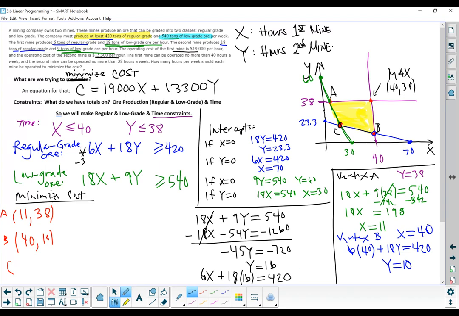And so if I solve for x, I get 22. Okay, so our x value was 22 and our y value was 16.